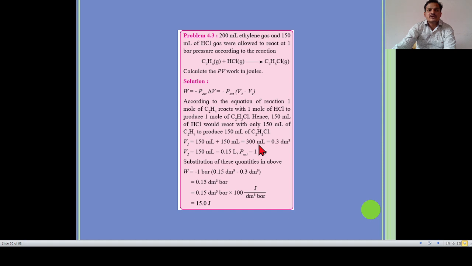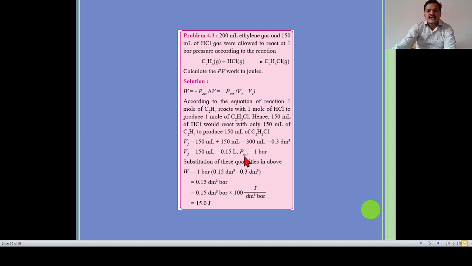We already know 1 dm cube is equal to 1000 ml, so 300 ml is equal to 0.3 dm cube. Then the final volume V2 is 150 ml, because the stoichiometric coefficients of all reactants and product are 1. Converted into liters, 150 ml is 0.15 liter, because 1 dm cube is 1 liter, which is 1000 ml.